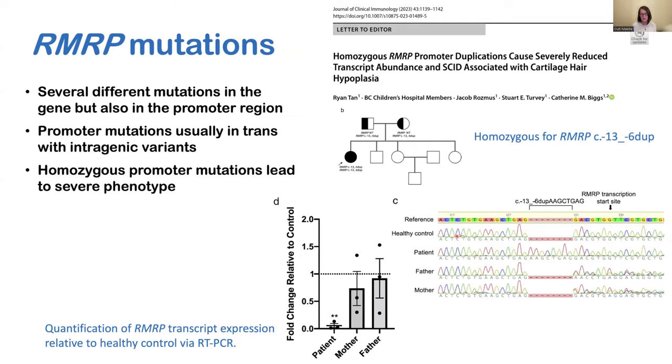But there are also very many mutations in the promoter region of the gene, and these are usually compounded with another intragenic variant. And to my knowledge, there are only 3 cases where there is a homozygous promoter region mutation in cartilage-hair hypoplasia, and this is one of the most recent descriptions, describing one patient with extremely severe cartilage-hair hypoplasia, and she was homozygous for this promoter region duplication, and the parents were carriers.